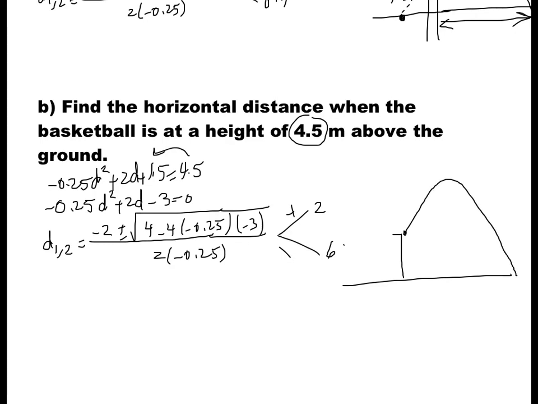Now, I want to know the horizontal distance if the height is 4.5. If this represents the h-axis, this represents the d-axis. Let's say this point is 4.5 meters. You can see that there are two points, here and here, where the height is 4.5. This corresponds to 2 meters and 6 meters.